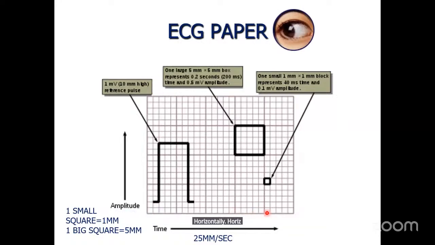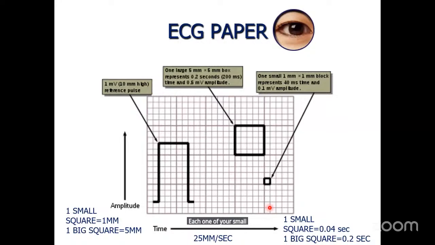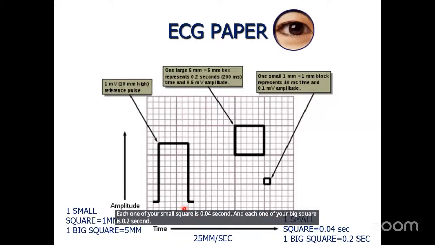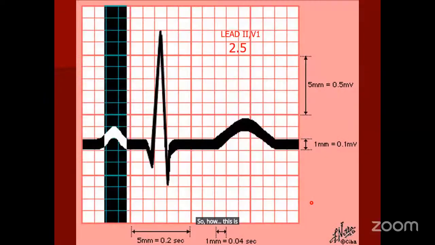When the ECG is recorded at 25 millimeter per second, each small square is 0.04 second and each big square is 0.2 second. So vertically, the small square is 1 millimeter, the big square is 5 millimeter. Horizontally, the small square is 0.04 second and the big square is 0.2 second. So this is how the measurements are made.